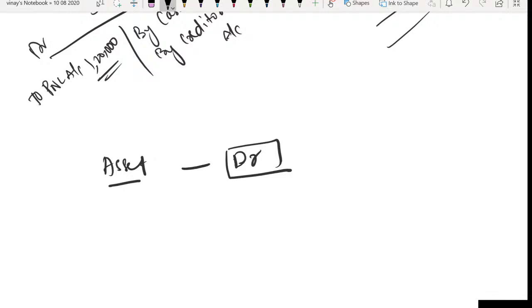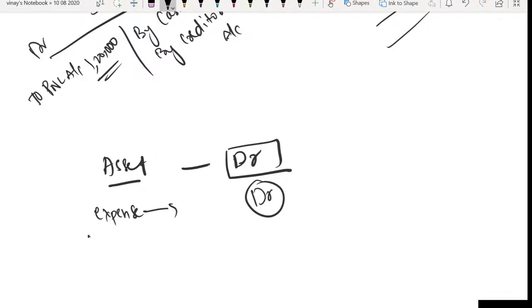Any nominal account that shows a debit balance, we call it an expense.